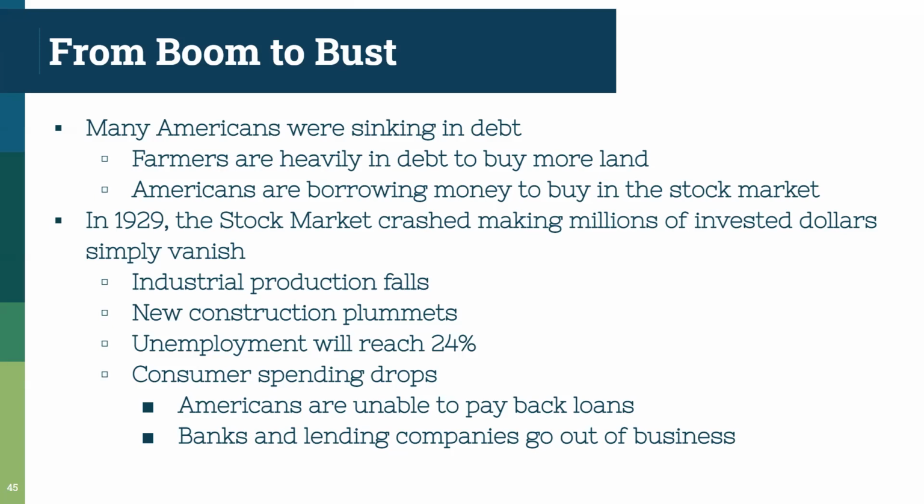And if we can't grow because consumers aren't spending money, our economy would slip into a recession and, in here, a depression. Americans can't pay back their loans, and the banks aren't getting money back from people.